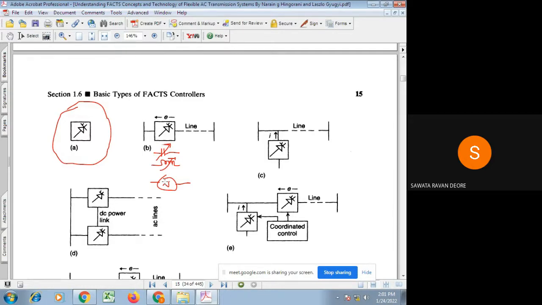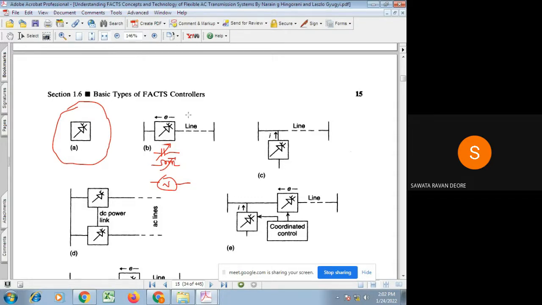Please try to understand what I am saying here. This series controller can be a simple variable impedance. Or that simple variable impedance may be a capacitive reactor or maybe an inductive reactor.